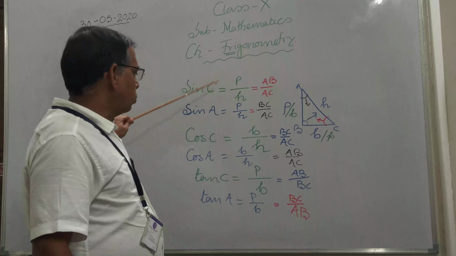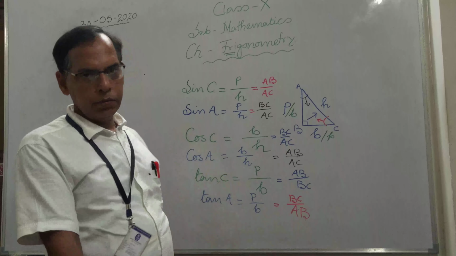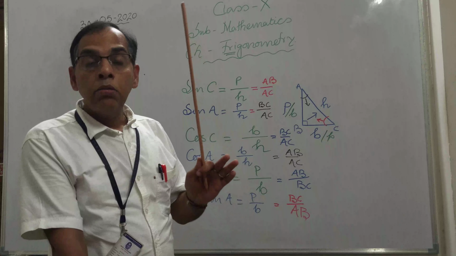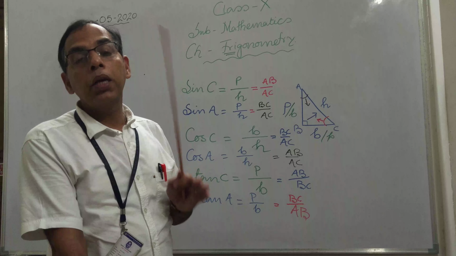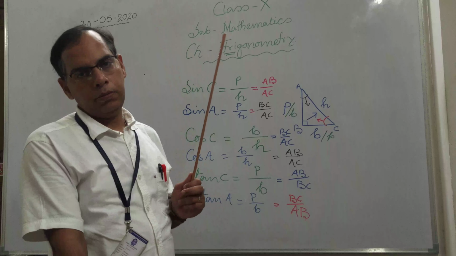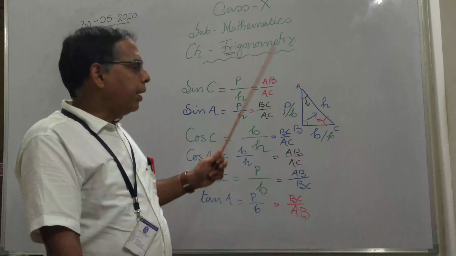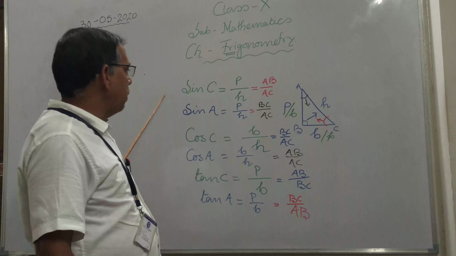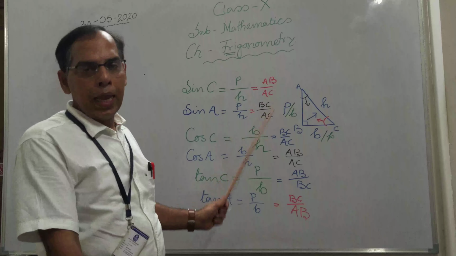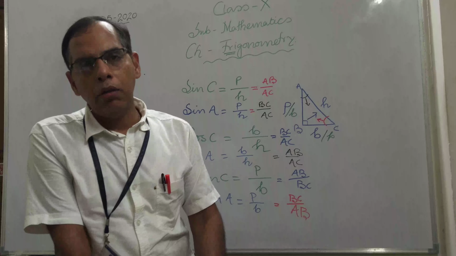So these are the 3 trigonometric ratios I have written. But there are 3 more. Altogether there are 6 trigonometric ratios. And the next 3 are the reciprocals of these 3.